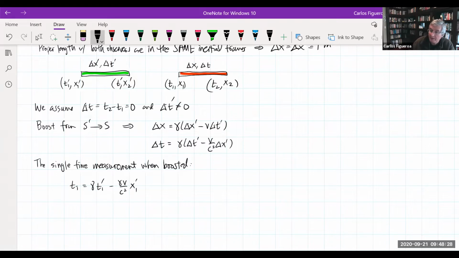Right? That's what I mean by a Lorentz time. Because note, this is not 0. I have to account for that time. We already said that in the prime frame, the time is not 0.